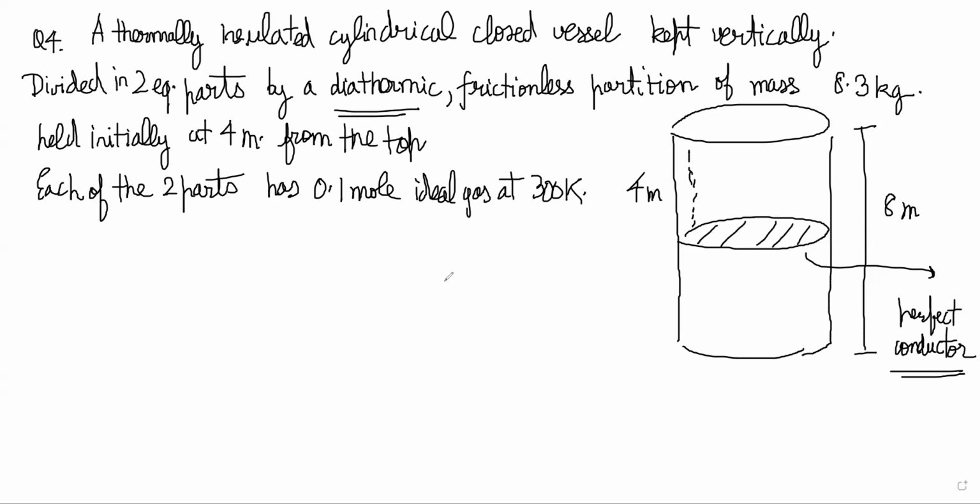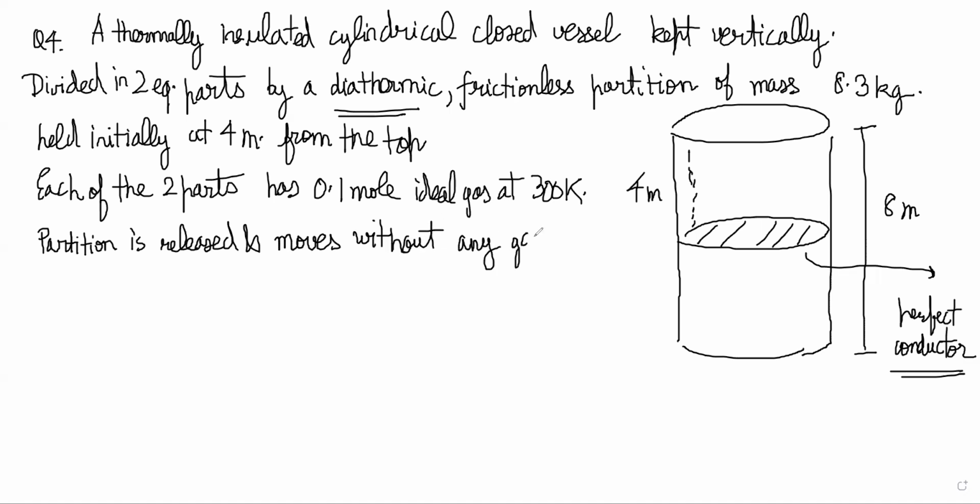The partition is now released and moves without any gas leaking from one part of the vessel to the other. When the equilibrium is reached, the distance of the partition from the top will be how much?